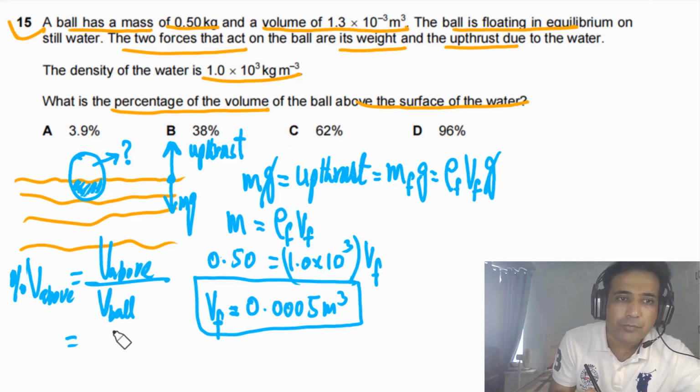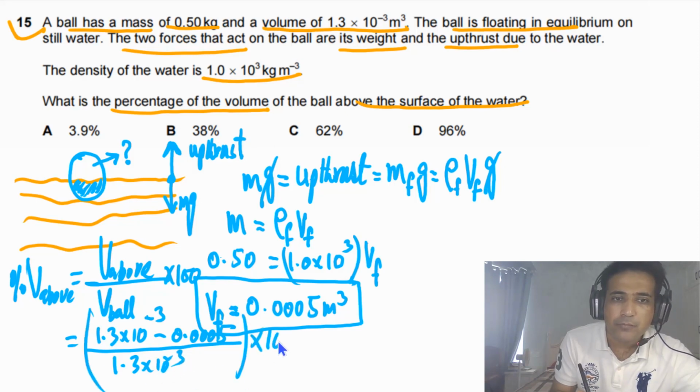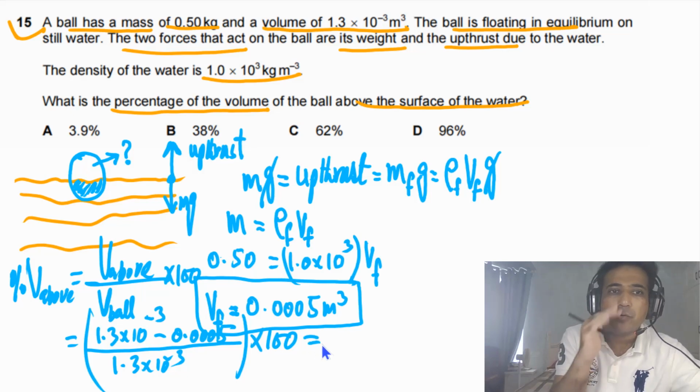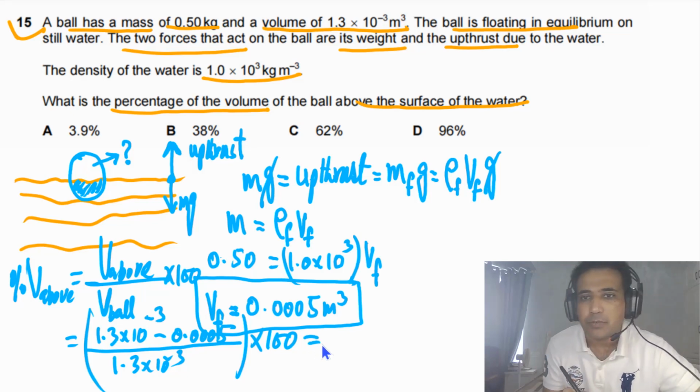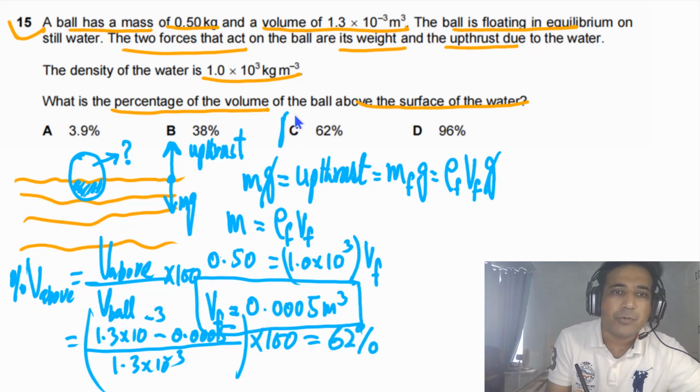The volume of the ball is 1.3 times 10 to minus 3, minus 0.0005, divided by the volume of the ball, and we multiply by 100 to find the percentage of the volume of the ball above the surface. If we solve this, we will get 62%. So this is the answer.